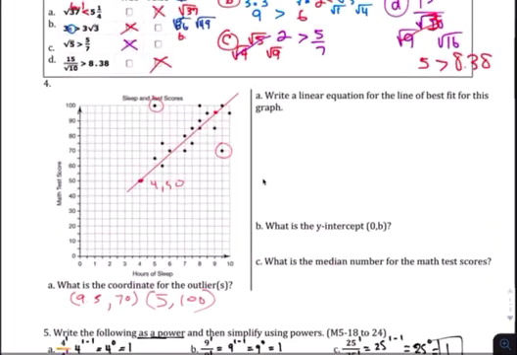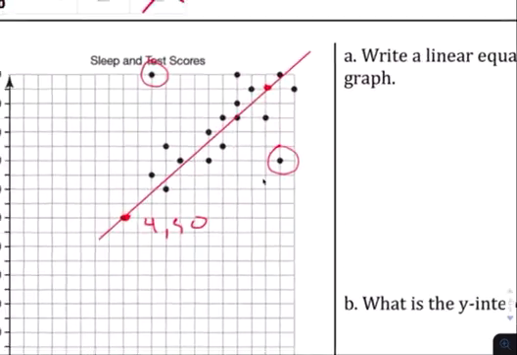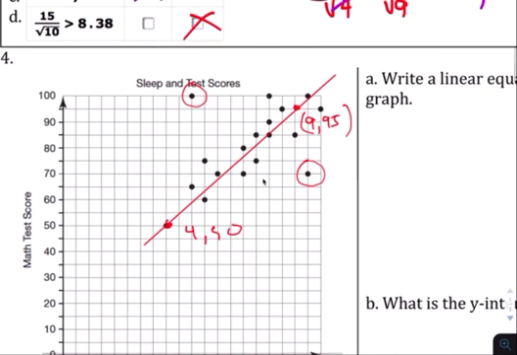Write an equation of a line, so I'm going to use 9 and 95. I would do x sub 1, y sub 1, x sub 2, y sub 2.